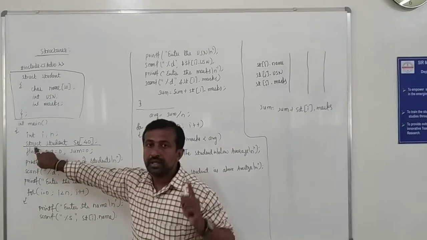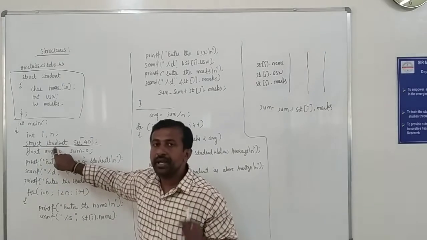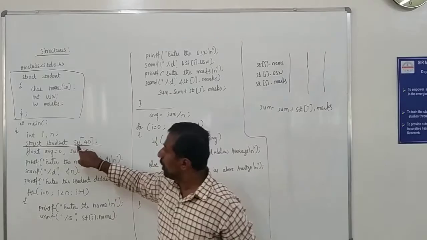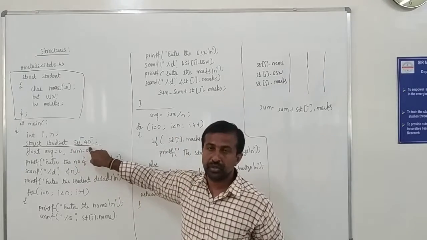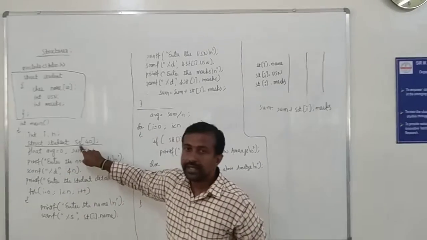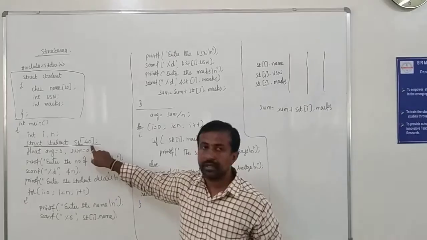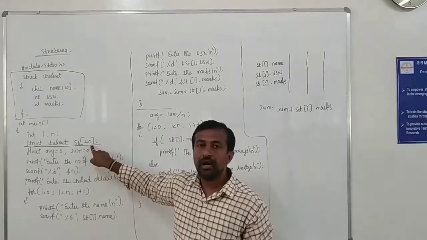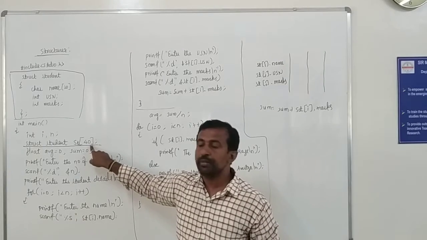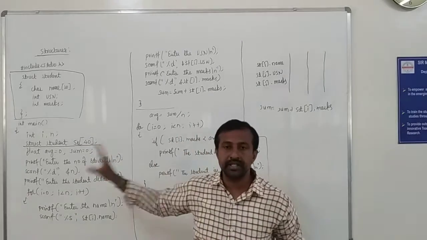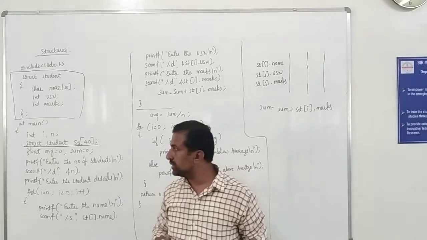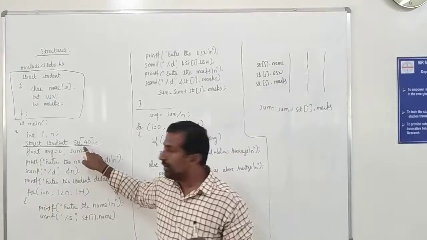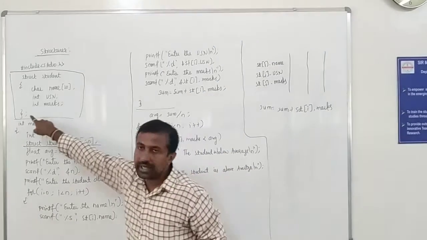Observe here: struct, followed by the structure name, followed by the array. Struct student st of 40 I am taking. It means I am declaring one structure variable of array type, so I can enter 40 student details here, maximum 40 student details.